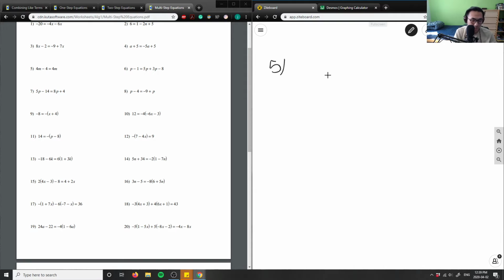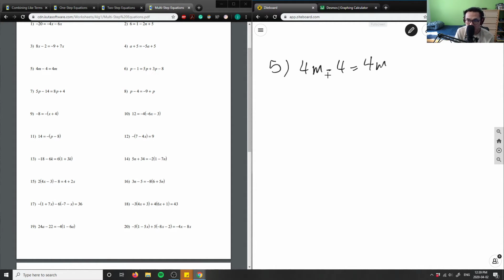So 5 here states that 4m minus 4 equals 4m, right? As you can see in this problem, I have variables on both sides, which is not a great thing. If I want to isolate my variable, I need to put variables on the same side.